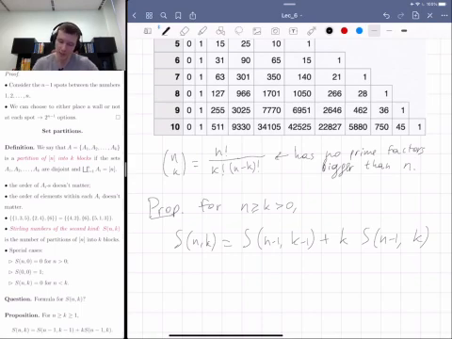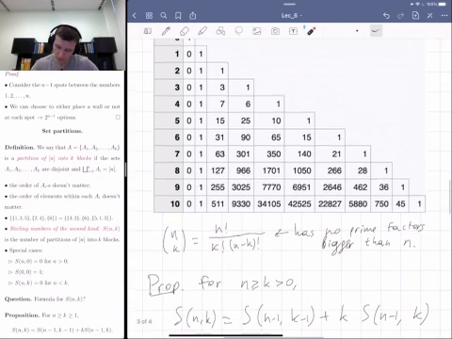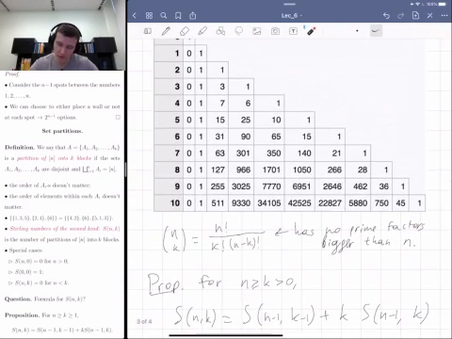So this is almost like Pascal's triangle, except that there is an extra k times this number. So maybe I should try and do some examples.